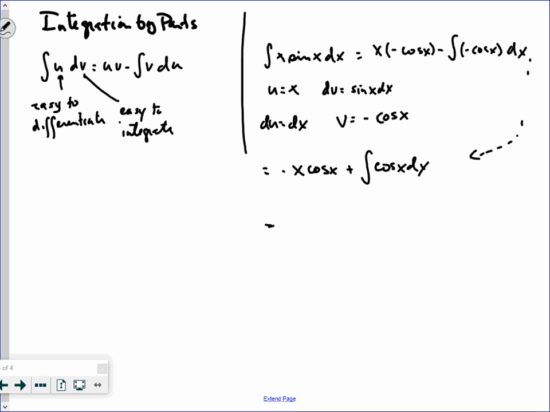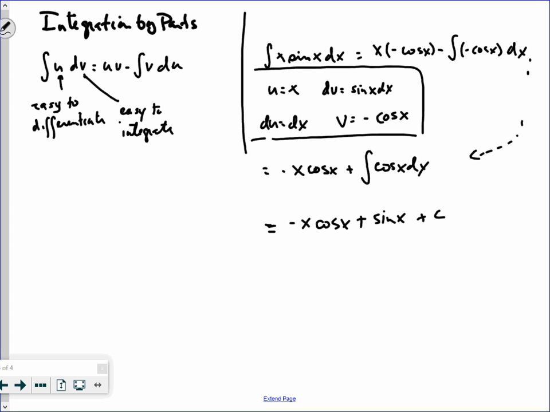Now we've got negative x cosine x. The antiderivative of cosine is positive sine. The derivative of cosine is negative, but the antiderivative is positive, and then plus cosine. So there's an example of integration by parts, a typical sort of problem.